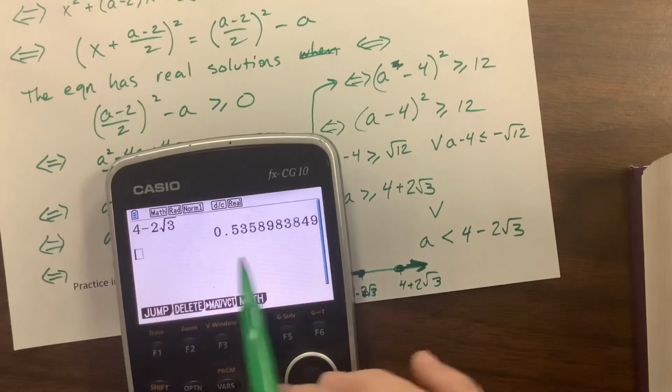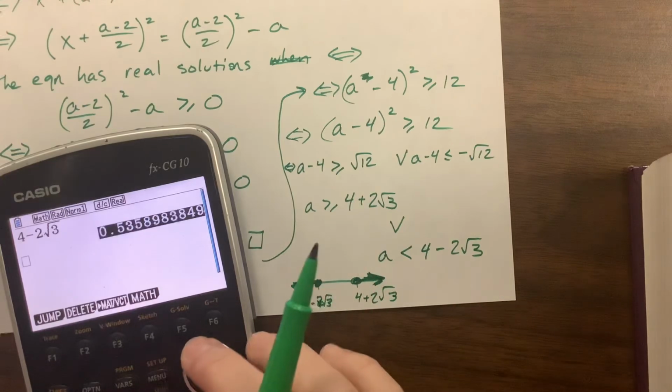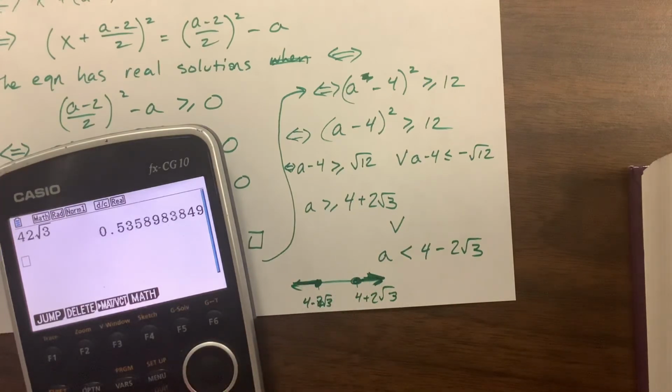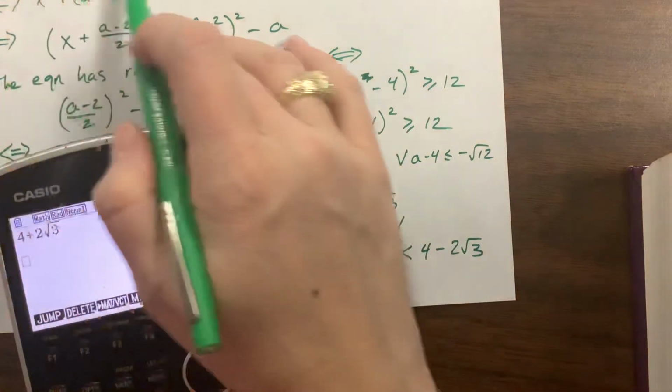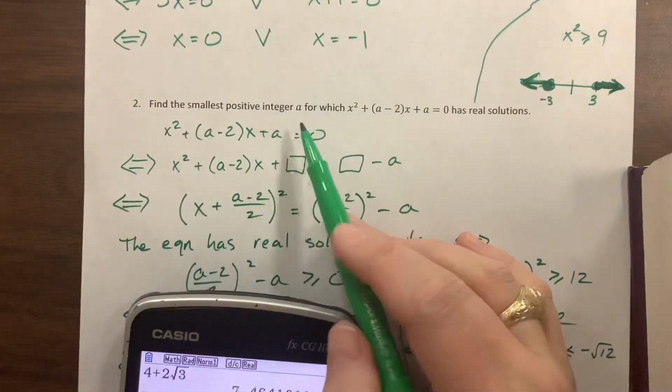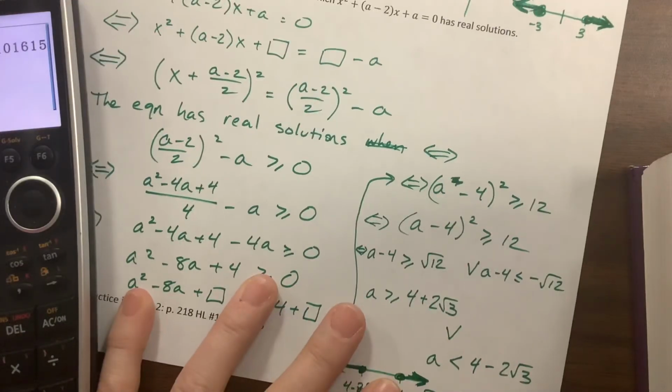That one is a decimal, but the integer just smaller than that is going to be 0, which is not positive. So what we need to do is consider this one, which is 7 point whatever. So the smallest positive integer a for which that's true is going to be a equals 8.